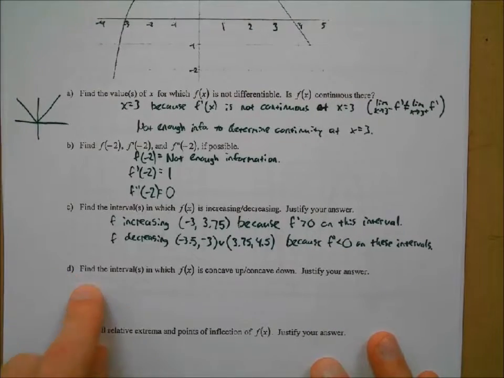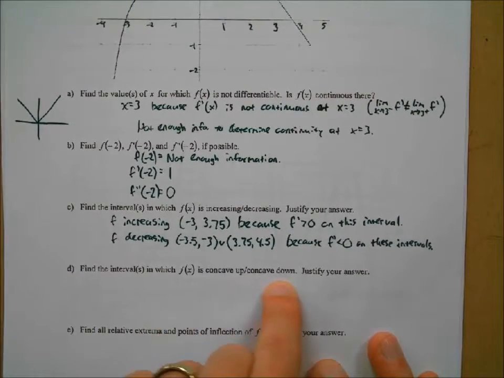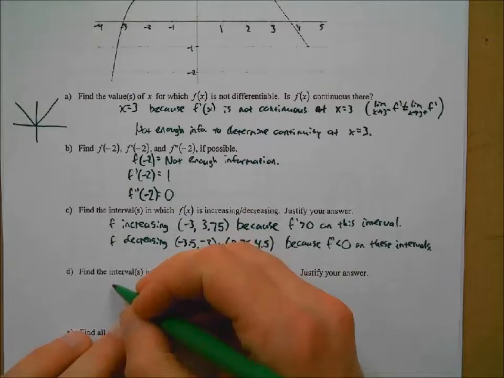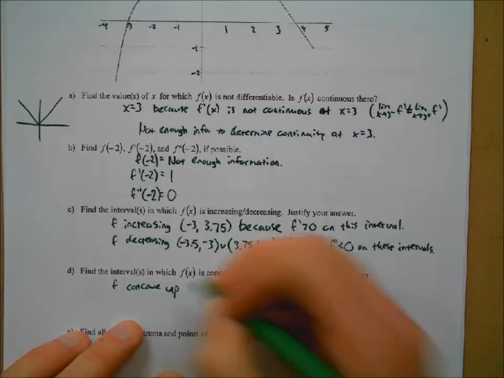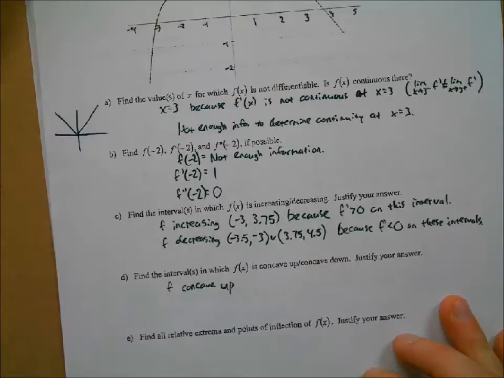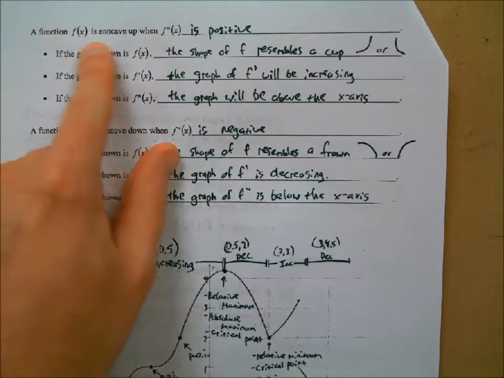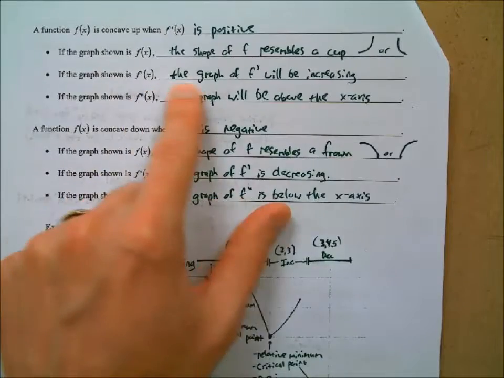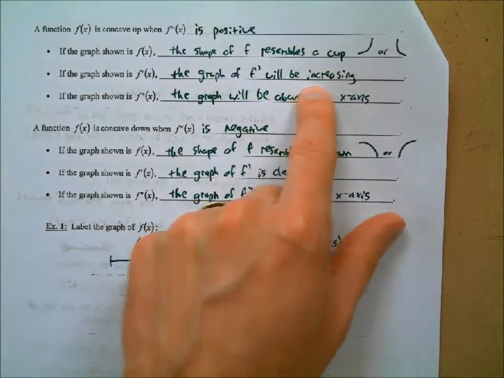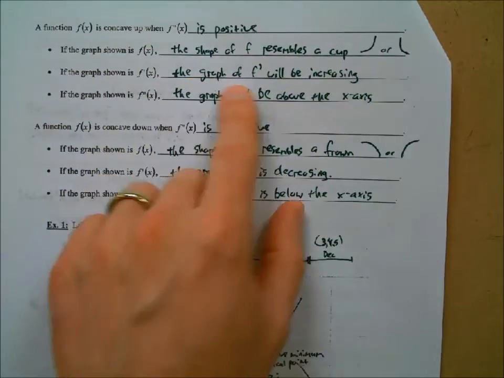Find the intervals in which f of x is concave up or concave down. All right, so f is concave up. Well, let's take a look here. I think we just talked about that on the previous page. So, a function f is concave up when f prime prime is positive. If the graph shown is f prime, the graph of f prime will be increasing.